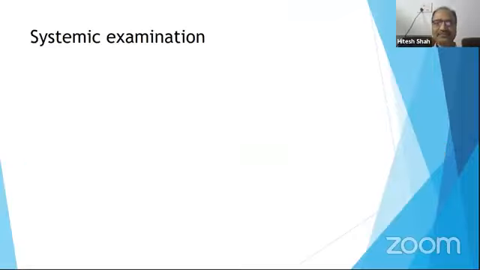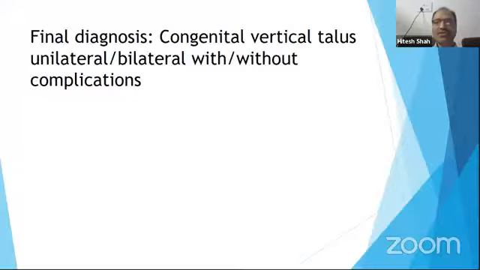So finally we can say this is a bilateral congenital vertical talus without complication, meaning without any trophic ulcer. Sometimes it would be associated with spina bifida, or with callosity, or other changes.